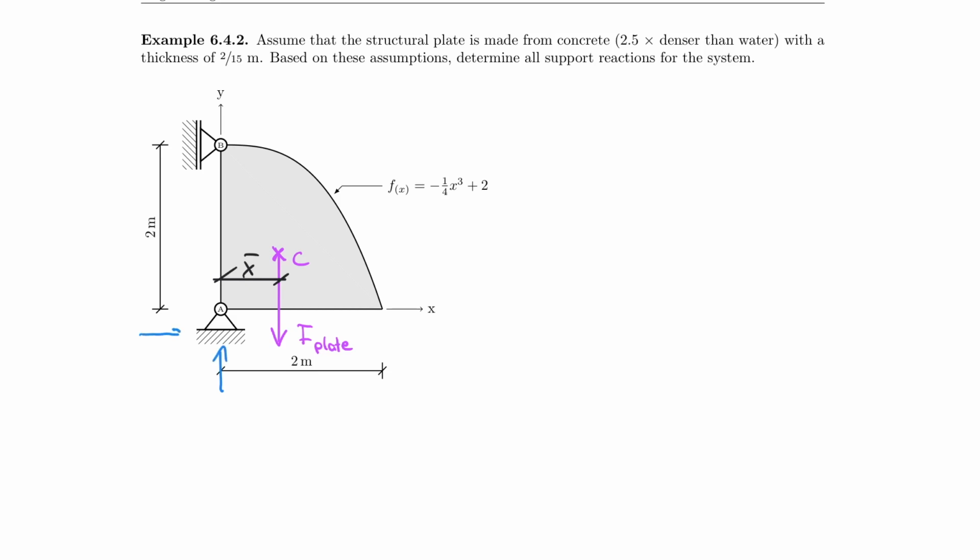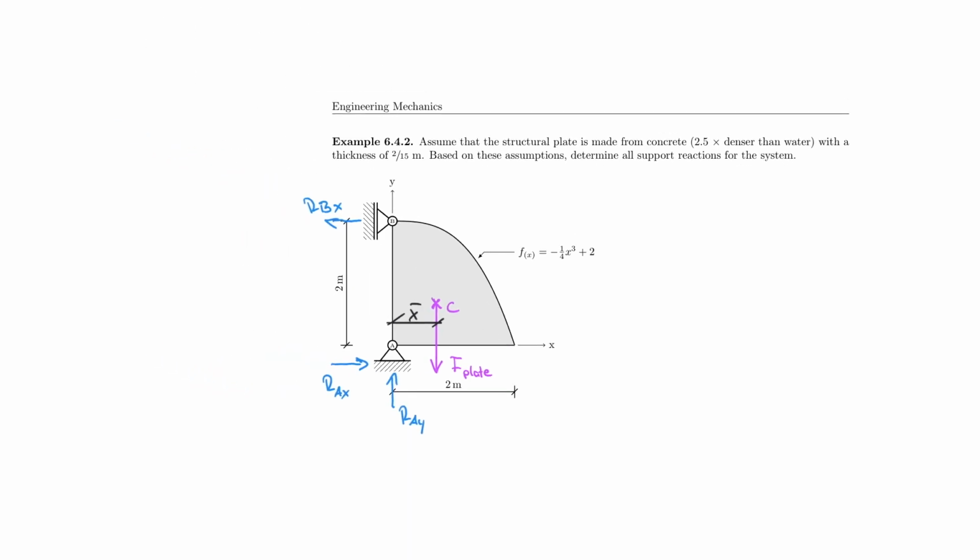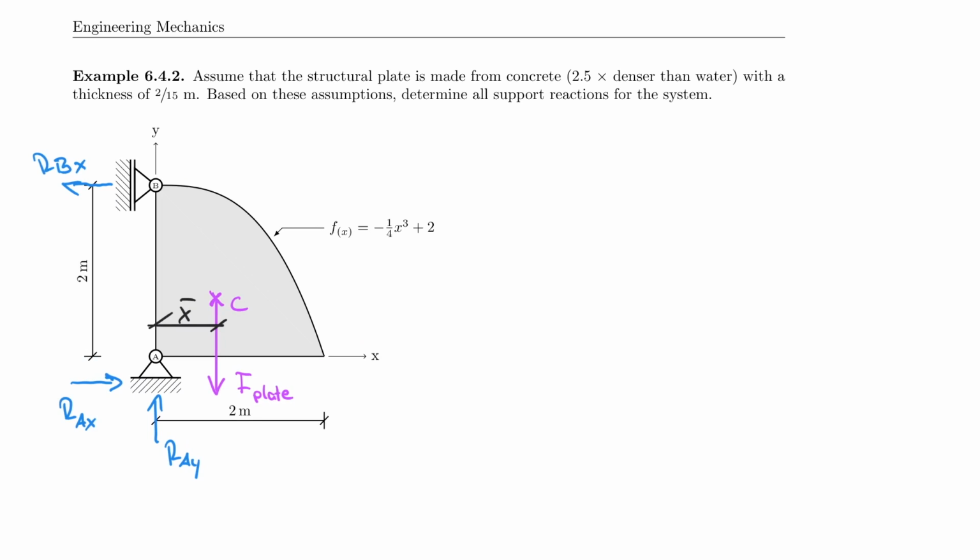I have these guys. I'm going to call this RAY, RAX, and then also I have RBX. And the easiest one to find is RBX. So by taking the sum of the moments about point A, sum of the moments about point A is equal to 0, counterclockwise positive, and 0 is equal to RBX multiplied by the height, which is 2 meters.